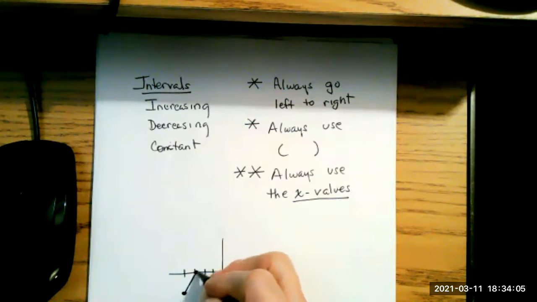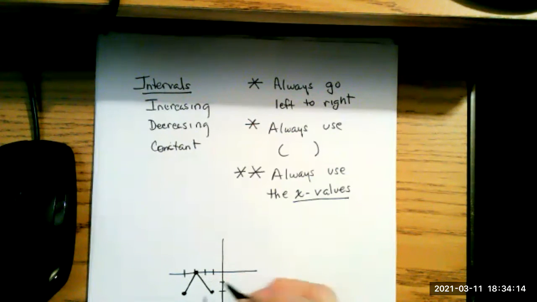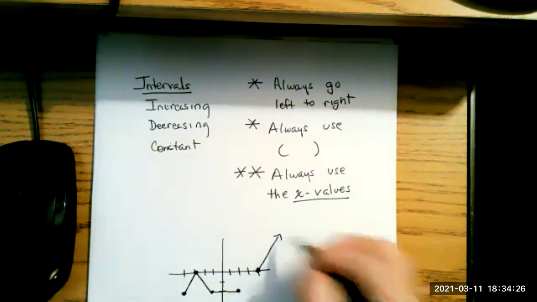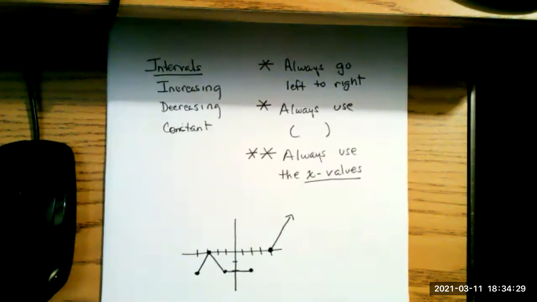And I'm going left to right. Then it goes to -1, -2. And then it comes over to 2, -2. And then it stops, just stops, and starts again at 4 and goes to positive infinity.